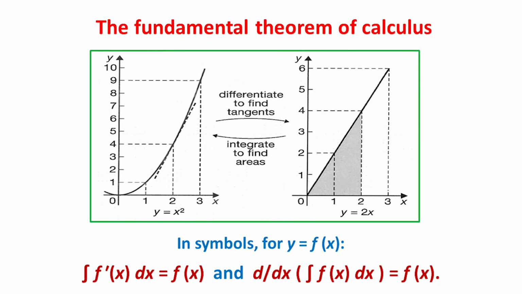We can write this formally in symbols. Let y be a function f of x. If we now differentiate to get f dash of x, and then integrate the result, we get back to f of x. And the other way around. If we find the integral of f of x, and then differentiate the result, we get back to f of x.